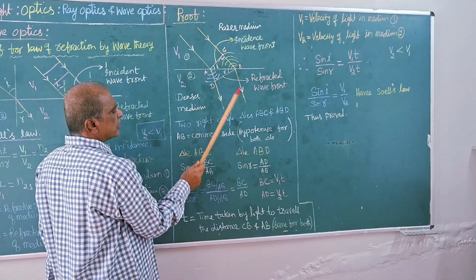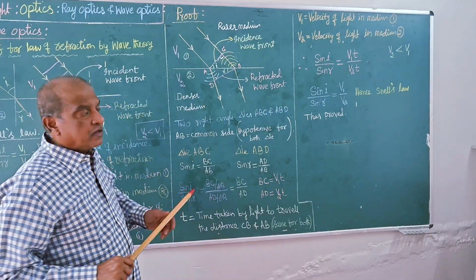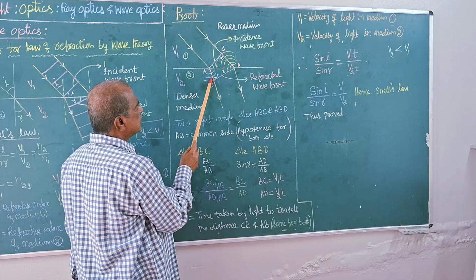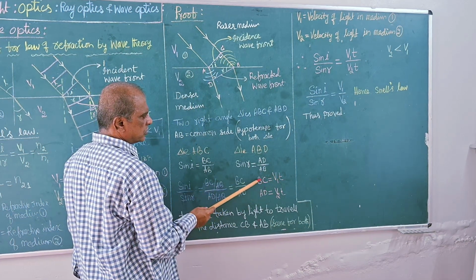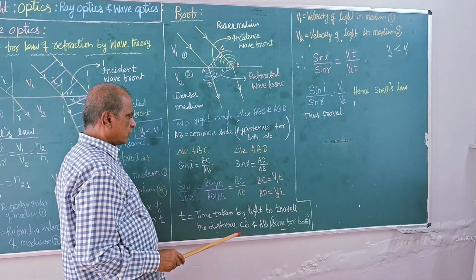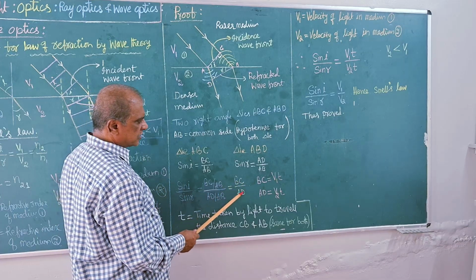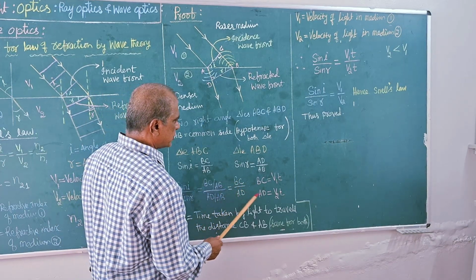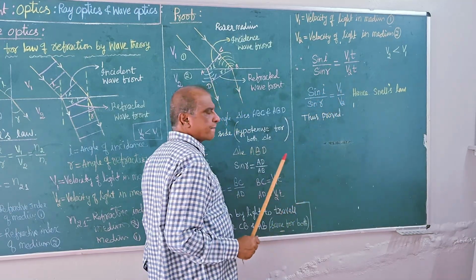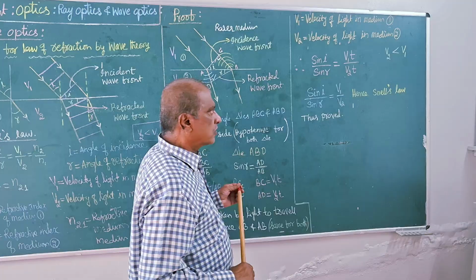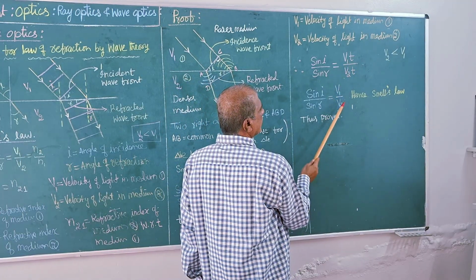And distance is velocity into time. You can write distance as velocity into time. This velocity is v1, and in this medium the velocity is v2. So this into this gives the distance, this distance AD. So in this, the ratio sin i by sin r, what is that? Rewrite this, substitute, replace this ratio by this ratio. That is v1 t divided by v2 t. In the final equation, t is the same and gets cancelled, remaining v1 by v2.